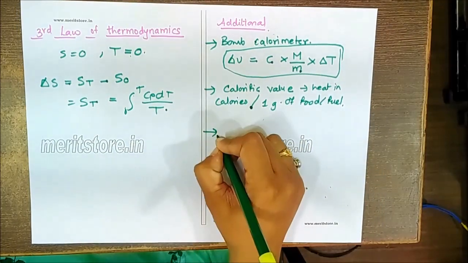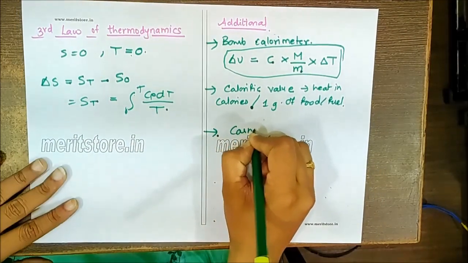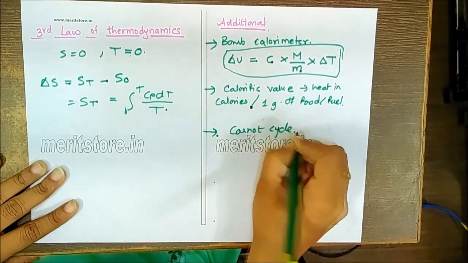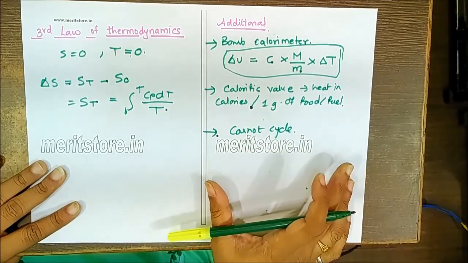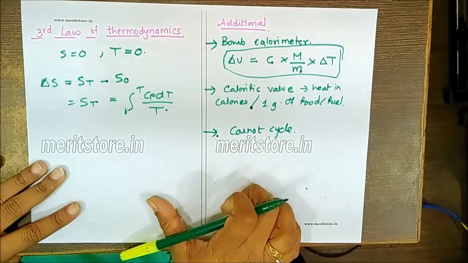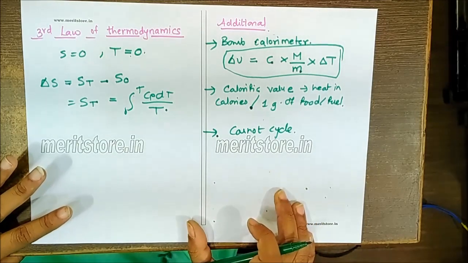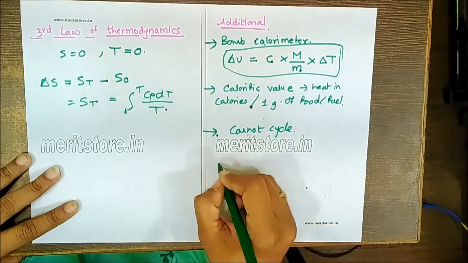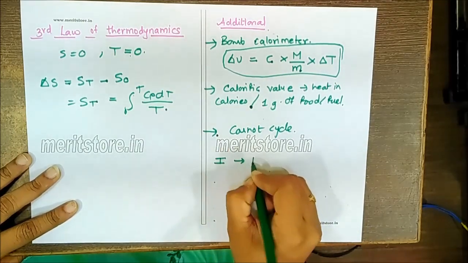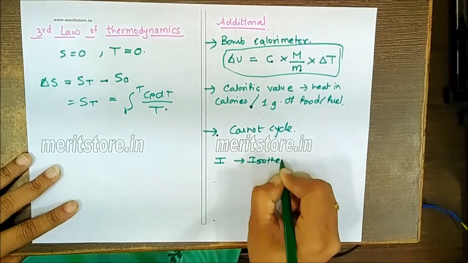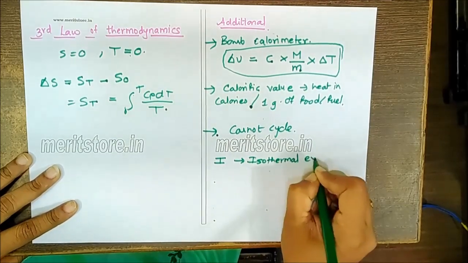Also, we have to remember the Carnot cycle. The Carnot cycle is a cyclic system which returns to the original state after undergoing a number of successive changes. The most common example is the Carnot cycle. Just remember, stage 1 is isothermal expansion.